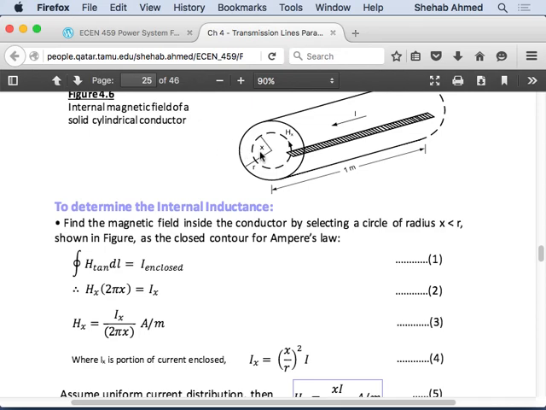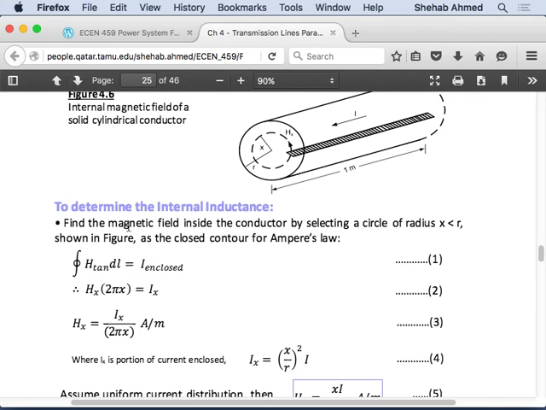That's why I split this into two. I calculate the h of x, or the magnetic field strength, inside the conductor first, because the current that is causing this magnetic field strength inside the conductor will vary depending on the area, or the radius x that I have. And then once I go outside the conductor, this I enclosed will be I, right?